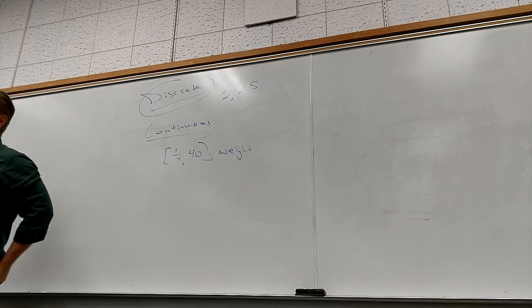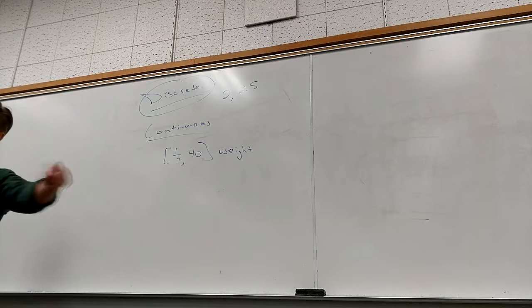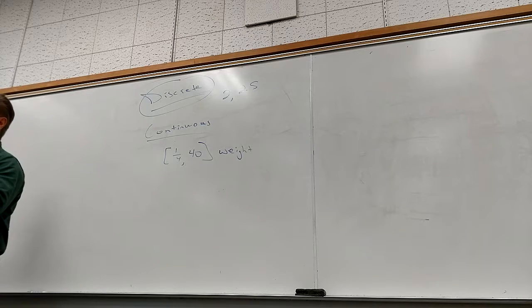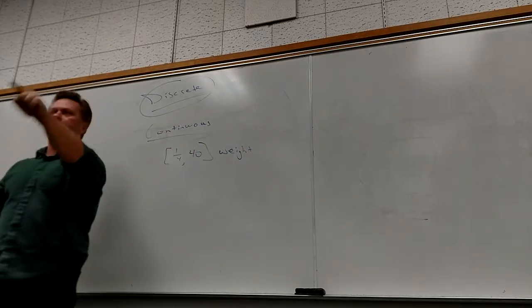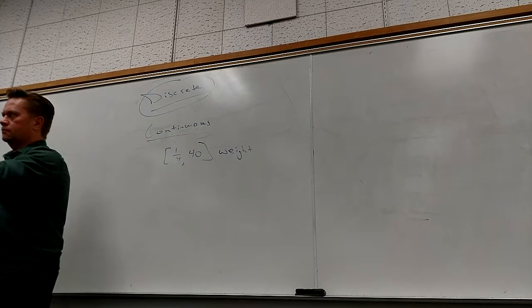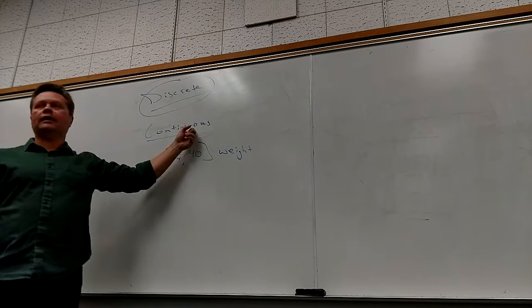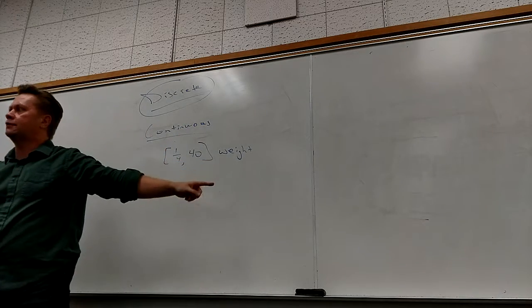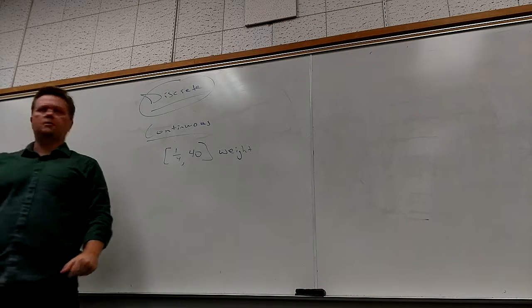An infinite number. 2.00001, 2.00002, okay, I'm not going to do them. That would take forever, literally. So discrete is stuff you can actually count. I can count the number of doors. I can count the number of TVs. I cannot count the number of possible weights of a backpack. You guys with me? So this is countable.